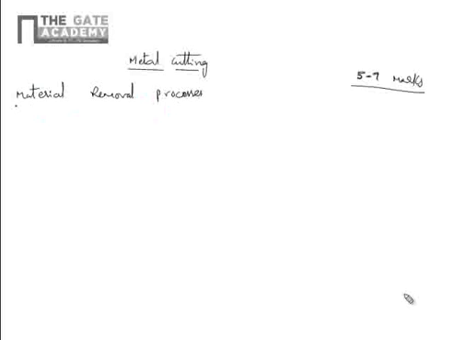So these three are, one is conventional machining. Conventional machining is where the tool is directly in contact with the workpiece, and you can say that this is turning, drilling, milling, other machining operations, broaching, sawing, everywhere where there is tool as well as the workpiece in direct contact with each other.